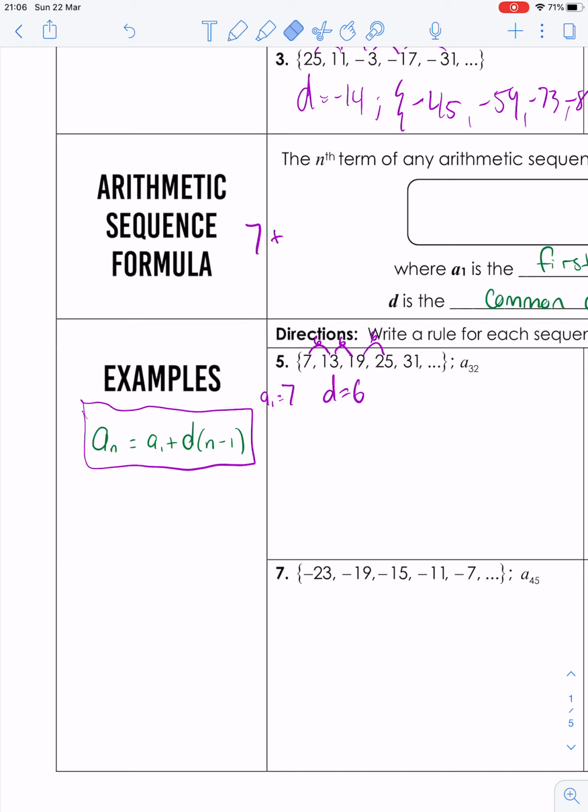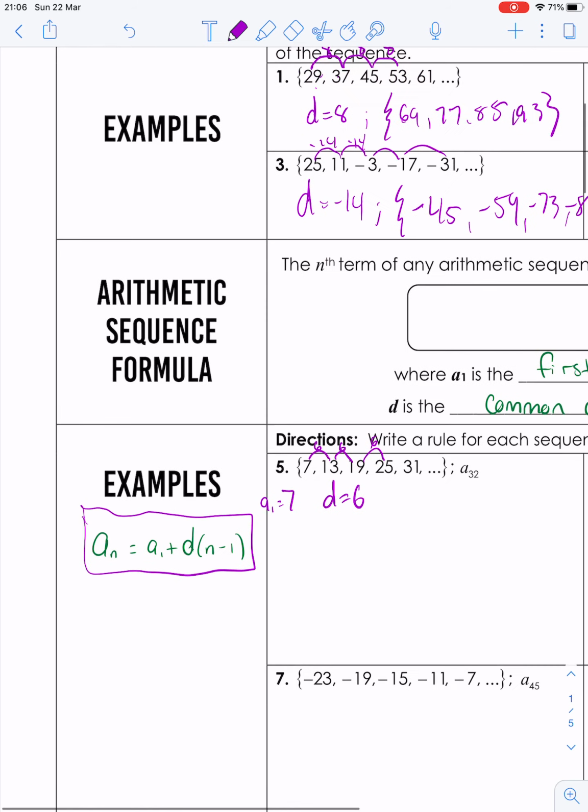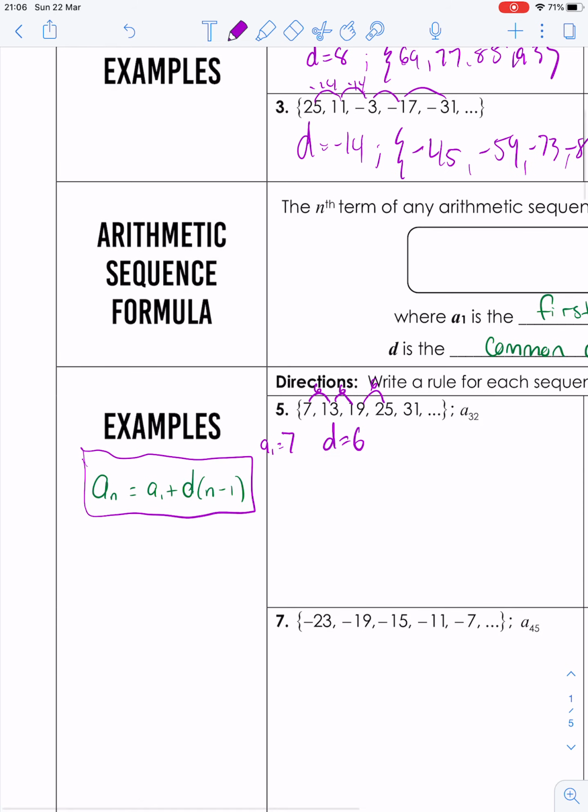Let's rewind. I want to explain it in a little different way. Say I'm doing 2 times 8. What 2 times 8 is, is 2 plus 2 plus 2 plus 2, 4, 5, 6, 7, 8. So it's adding 2 eight times.